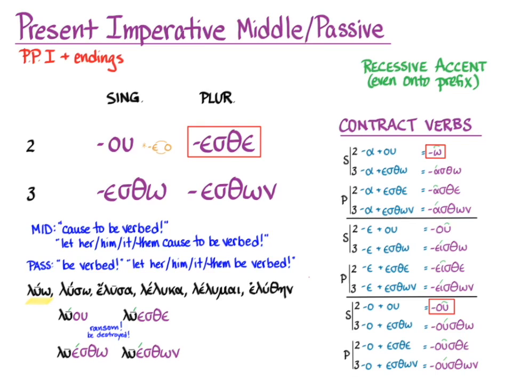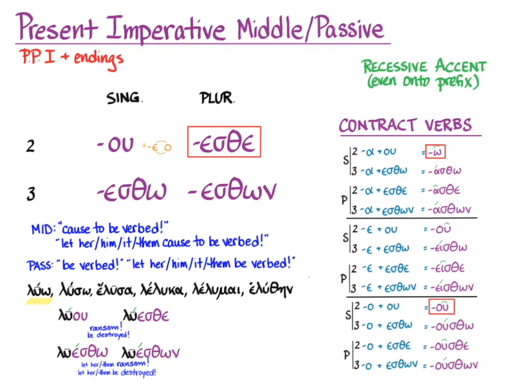Or it means be destroyed if it's passive. Of course, it could be freed too. And then in the third person, lueséthō and luesthōn becomes let her or them ransom, or let her or them be destroyed. And there you have the present imperative, middle and passive.